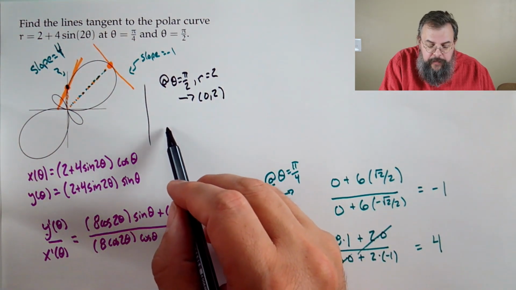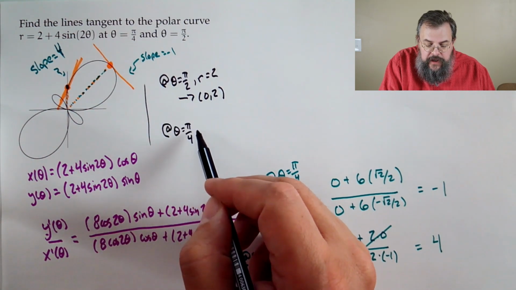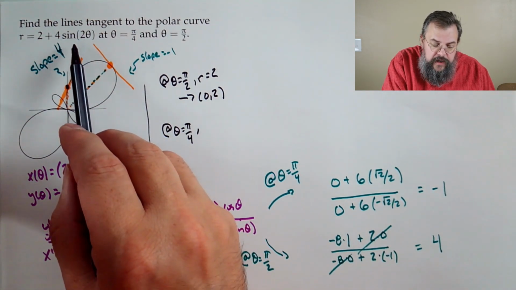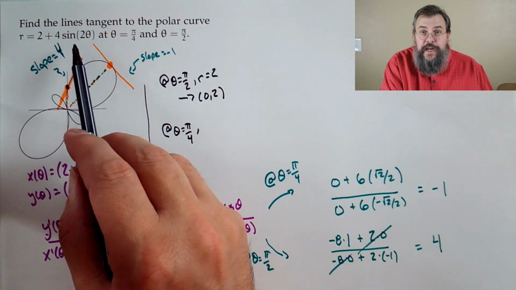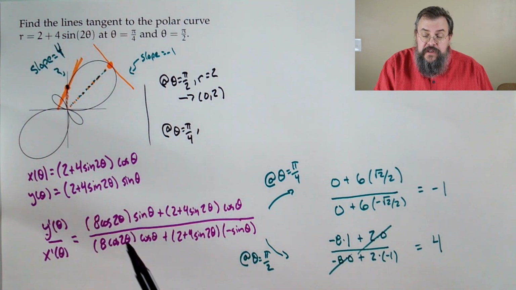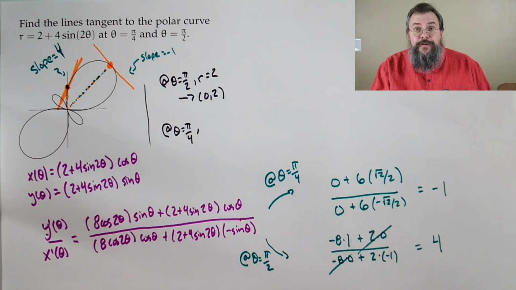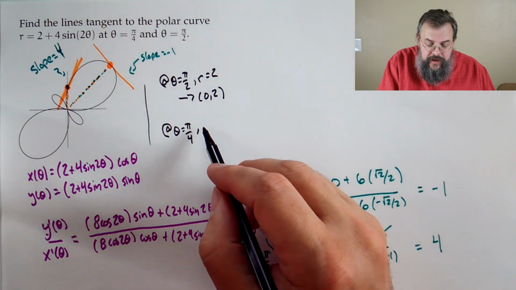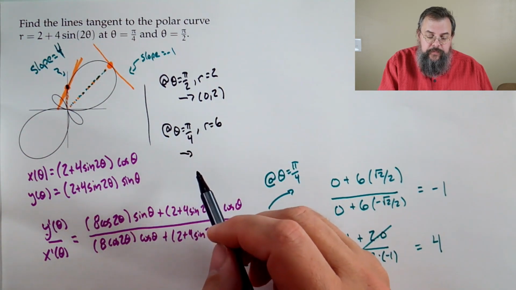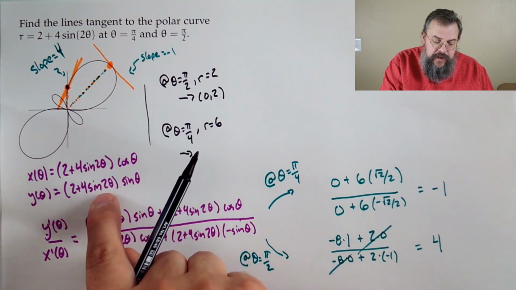How about at theta equals pi over 4? Well, plug it in. Sine of 2 times pi over 4, sine of pi over 2, that's 1. So it's really 2 plus 4, which is 6. It's the same 6 you see here. Not a coincidence. So you get r equals 6. Now, how do you get to your xy? You do the same thing that you do here.